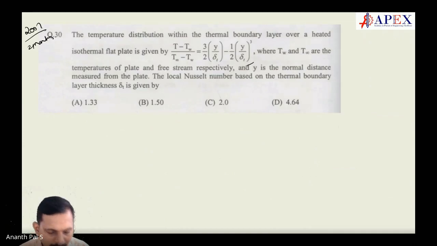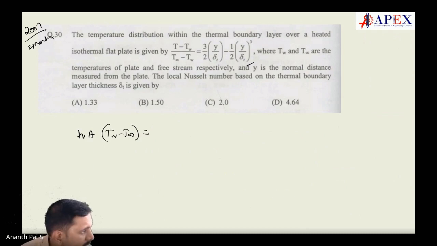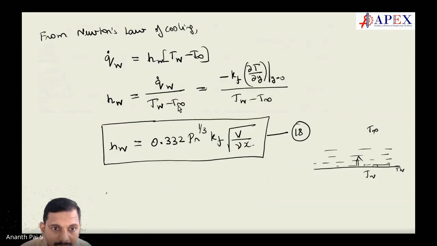Okay, let us look at it further. See what is happening. What is Nusselt number? It is the non-dimensional heat transfer coefficient. How did we get the Nusselt number? We got it by saying hA into delta T, which is TW minus T infinity, was equal to QW, or we'll say QW only.